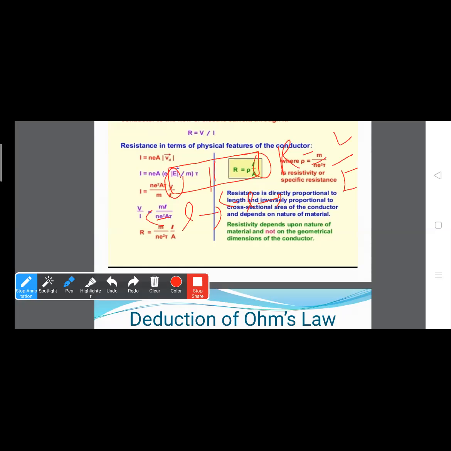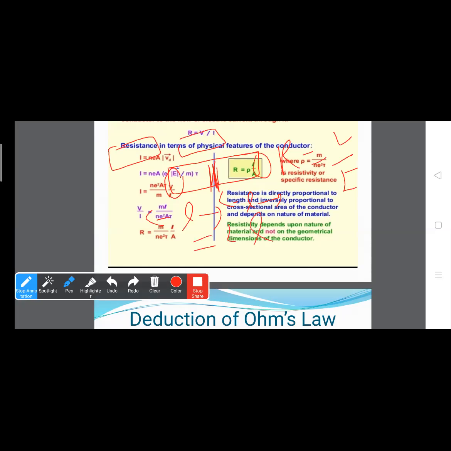Now let these two conductors be placed side by side. Now these two conductors are placed end to end, so the total length of the conductor is 2L. Clear?